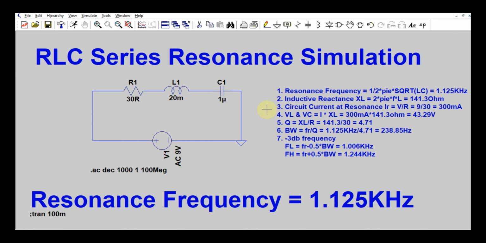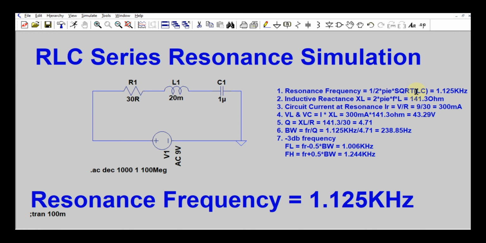So if you remember the formulas for the RLC series resonance circuit, the resonance frequency is given by 1 by 2 pi square root of LC.